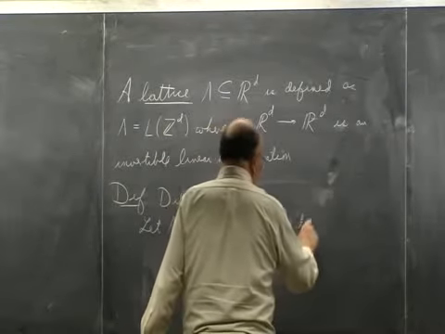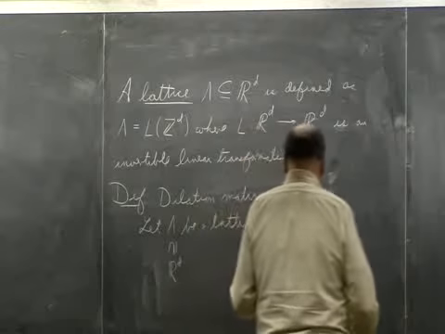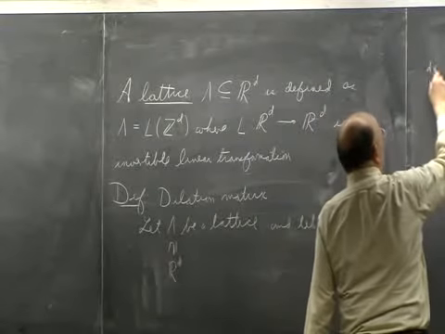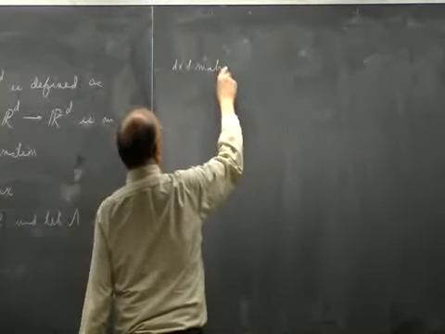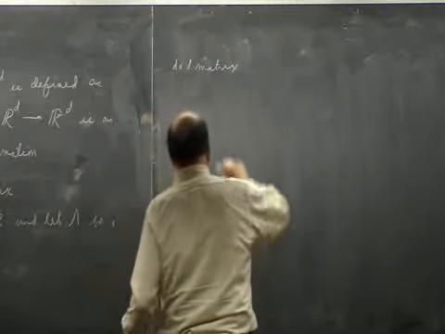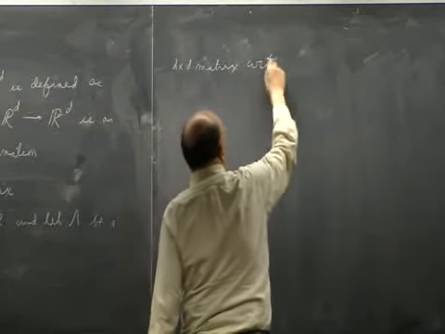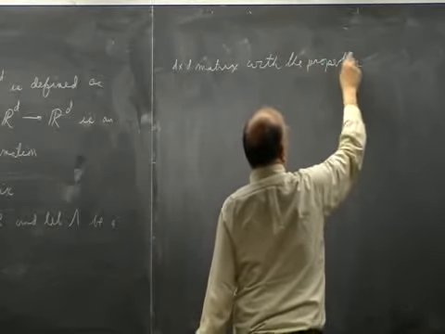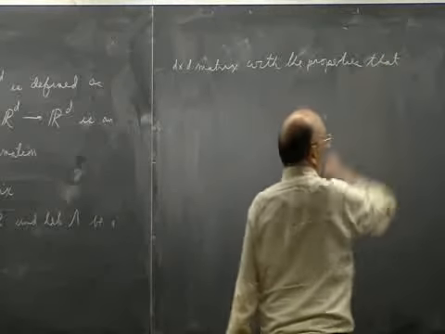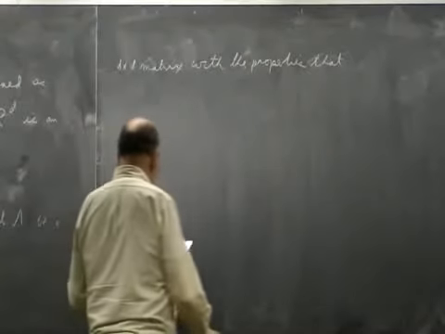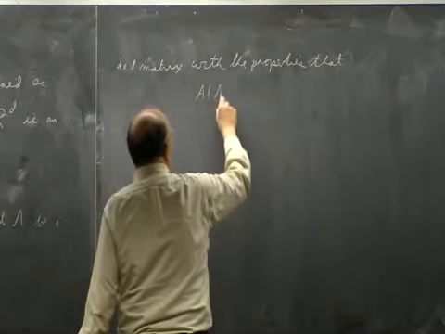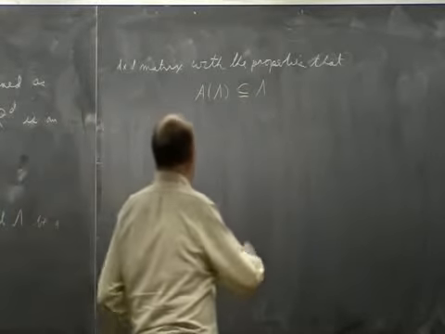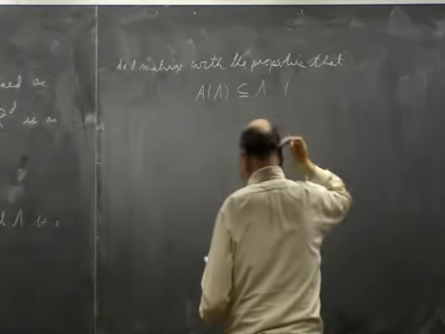And let A be a D by D matrix with the properties that, A, it's inclusive, namely A(Lambda) is contained in Lambda, and so that means A leaves Lambda invariant.